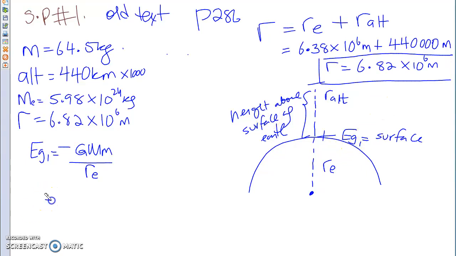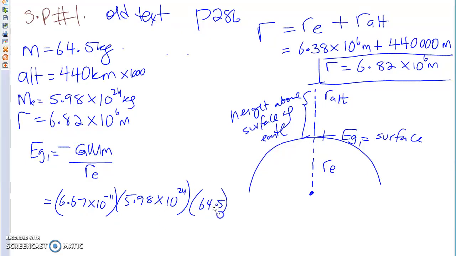Plug our numbers in: 6.67 times 10 to the negative 11 times 5.98 times 10 to the 24 times 64.5. Now this is just for an astronaut of that mass. We're not even talking about the space shuttle yet, or any spacecraft.